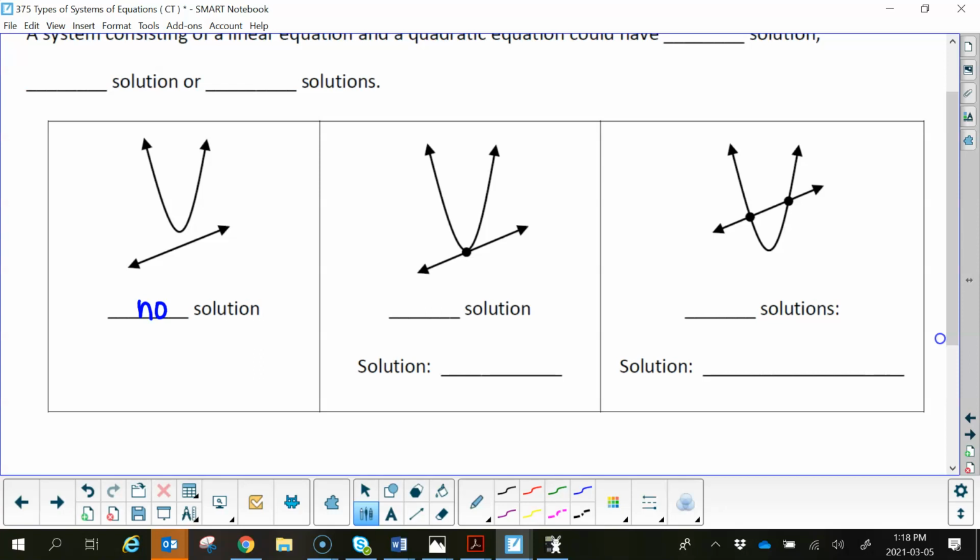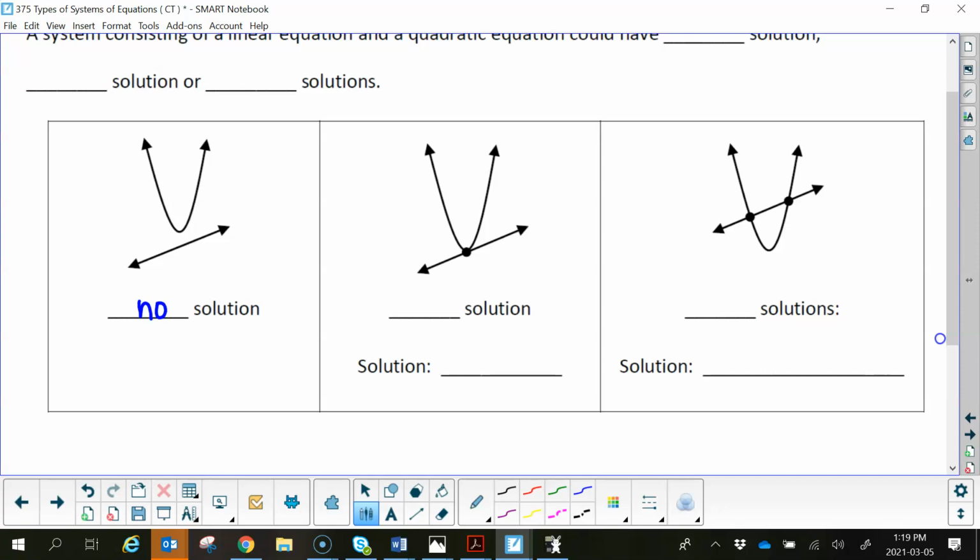If you know the vertex of a parabola and what direction it's opening, but we don't give you the equation, so you don't know the stretch factor, for example, and we give you a line, can you tell if it's going to intersect? You can sometimes analyze that without knowing everything about the equations. If you're given them, you could graph them. We're going to do it algebraically because we will ask you to do some algebraically.